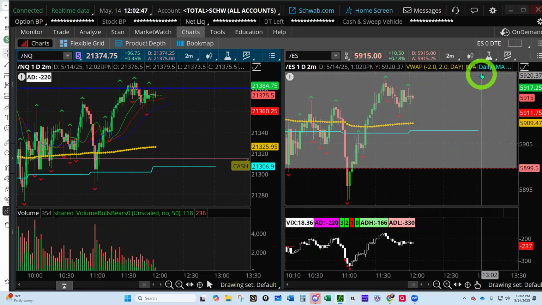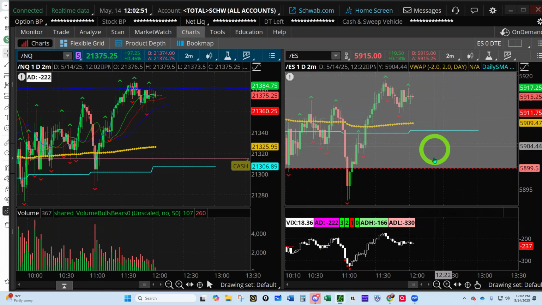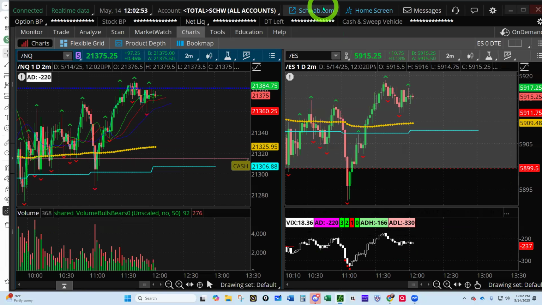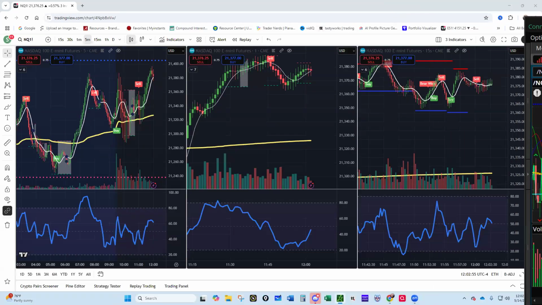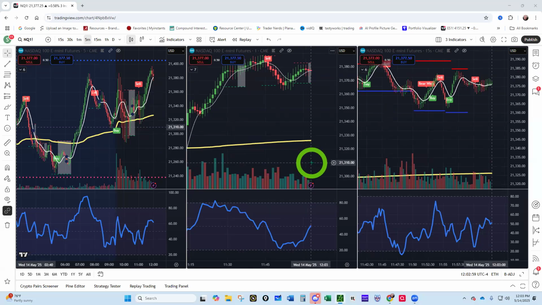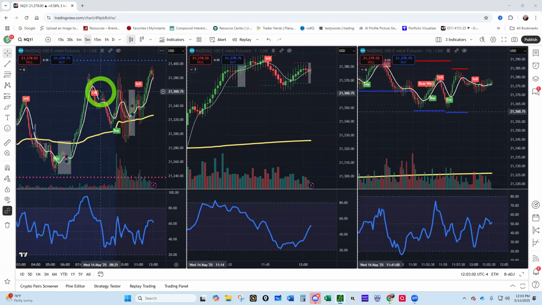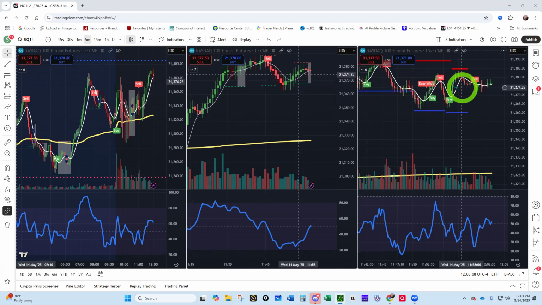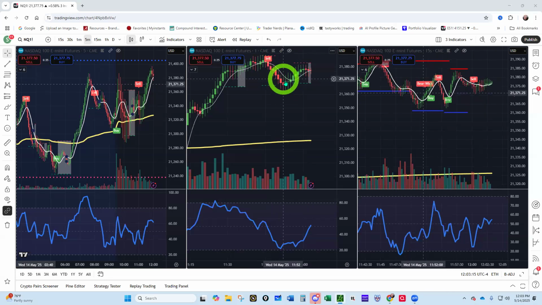If any of y'all want this, I can share it with you. If you want to just trade on one screen, all you need is this right here. I like looking occasionally at the 5 minute. And I like occasionally looking at the 15 second. But here's where the money is made. This is where the money is made.